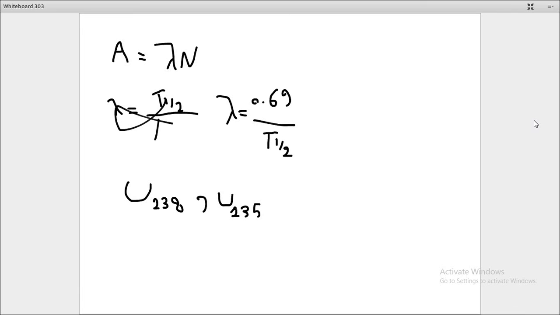For each element, you should calculate A with this equation. Do you understand?